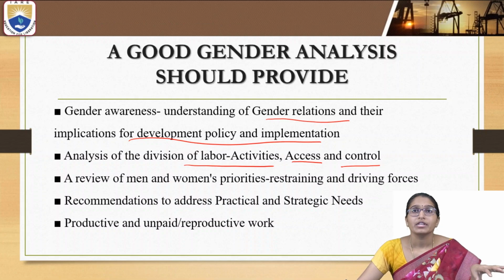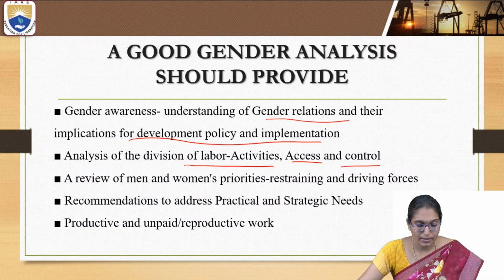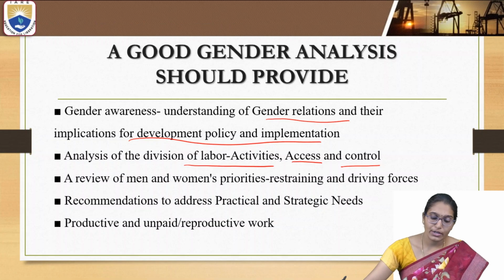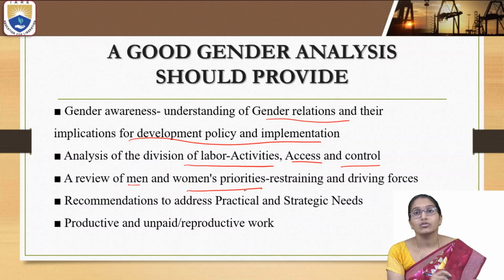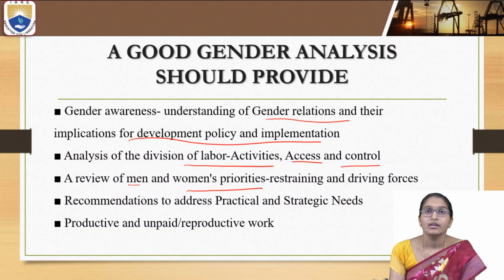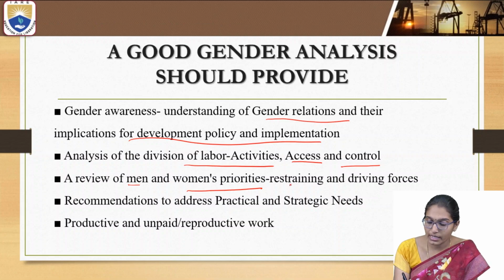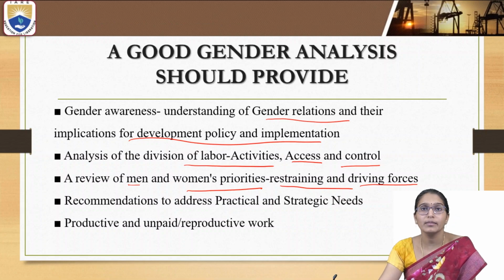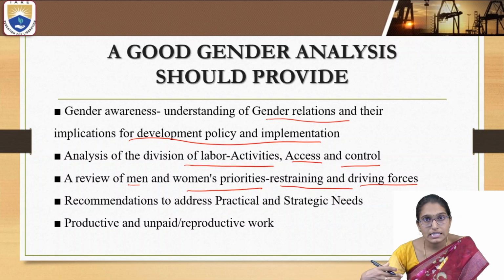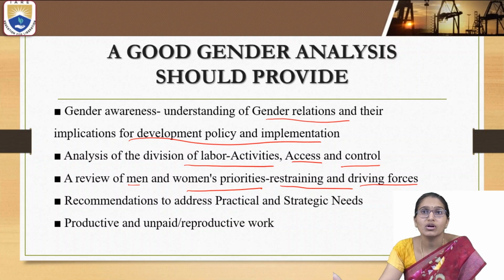So what are the regulation limits to which men or women can go? So this division of labor analysis can be done, and also a review of men and women's priorities. What is their priority in carrying out particular things, such as restraining and driving forces? What are the positive driving forces to carry out a particular thing, or the restraining forces, which limit them from carrying it out?